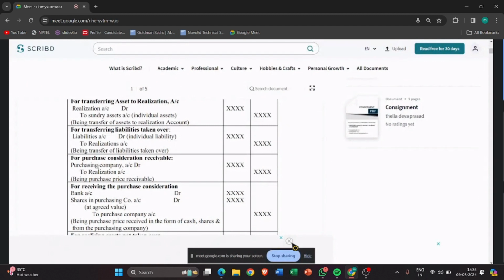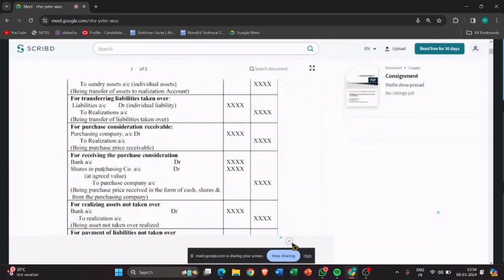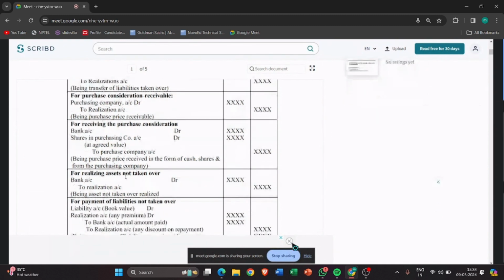So I will compare how much I received by giving off my assets and liabilities. So the journal entry for purchase consideration to be recorded is realization account is credited. So come to the credit side and write it as by purchasing company account, that is by C Limited in this case.